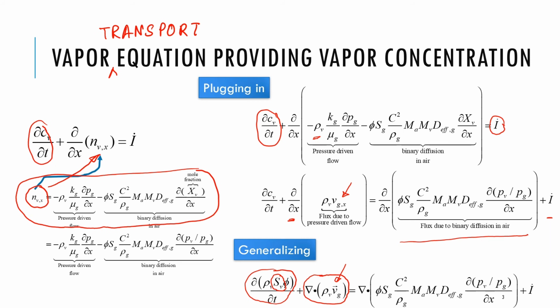And then this is my diffusion term, and that diffusion is vapor in air, and this is water to vapor, that way. Okay, so then this is the equation that we use to solve for the vapor saturation, SV.